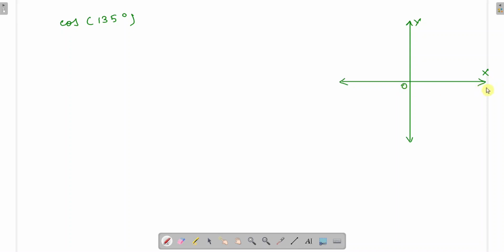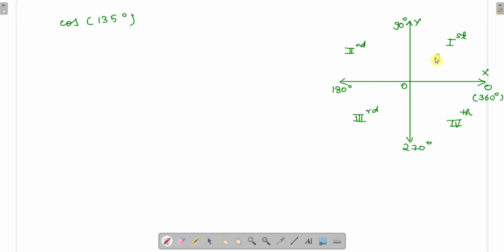Okay, then this is 0 degrees, this is 90 degrees, then 180 degrees here, 270 degree, okay, and then 360 degree. Okay, so this is the first quadrant, this is the second quadrant, this is the third quadrant, and this is the fourth quadrant.